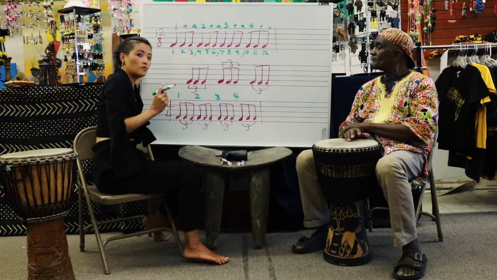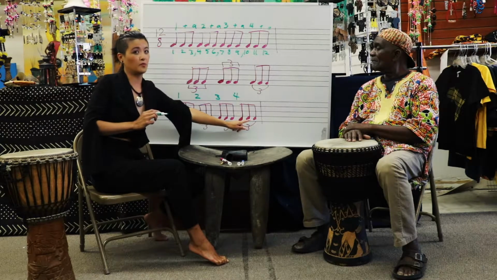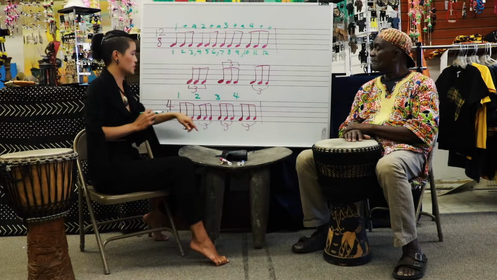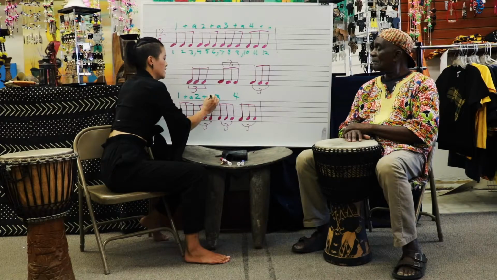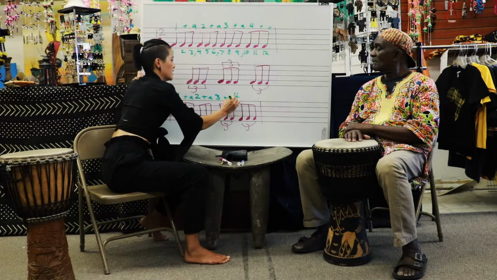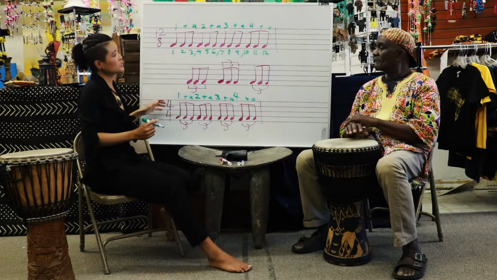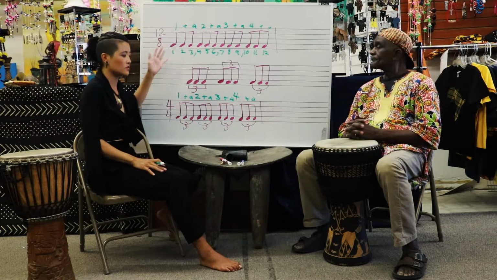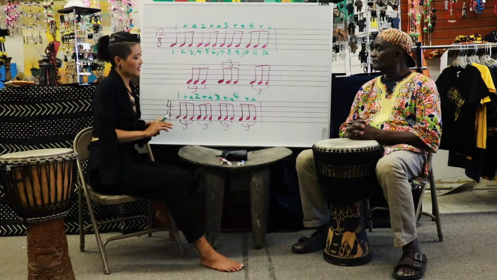Notice that that's the same way that I counted out this way of writing the same rhythm just a moment ago. 1 and 2 and 3 and 4 and. It just depends on which way helps you to visualize and hear the rhythm better. Okay.